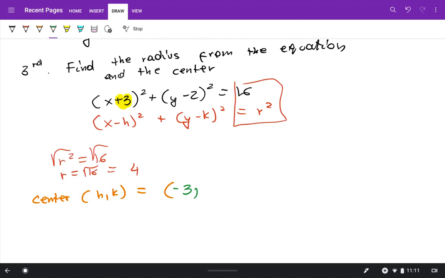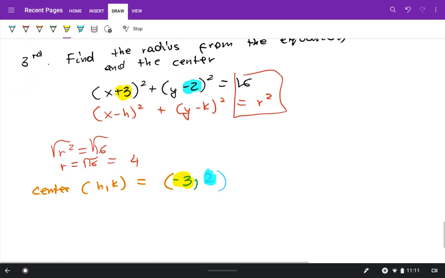And to find k, you see in parentheses negative 2, so just take the opposite of what you see, which will be positive 2. Okay, so we have this and we have this. So now I can graph it.